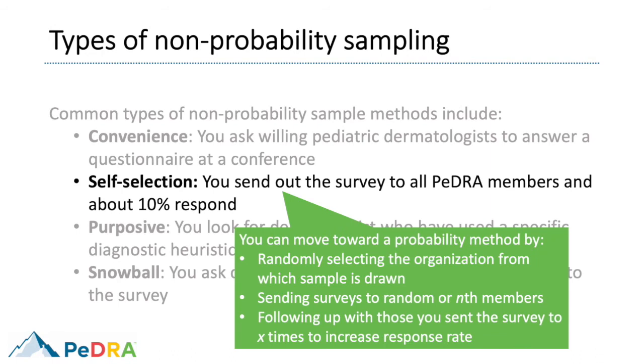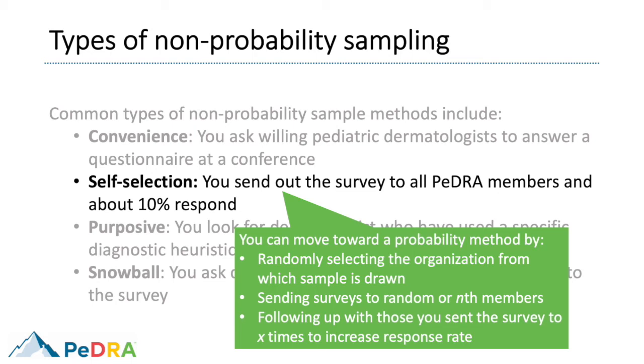In the self-selection example, imagine you sent surveys out to all PEDRA members but only got about 10% back. To improve this method, you could randomly select the organizations from which your sample is drawn. Another option, of course, is to send surveys to a randomized selection or a systematic nth member.